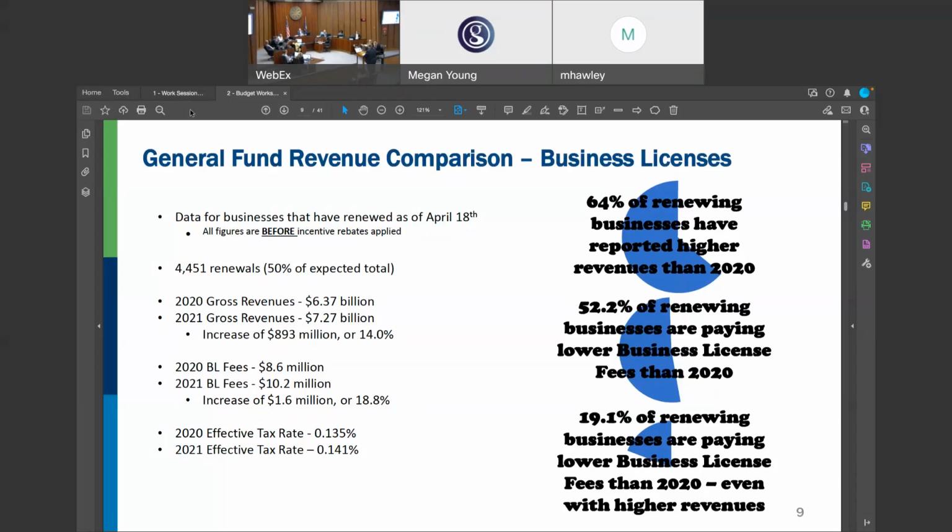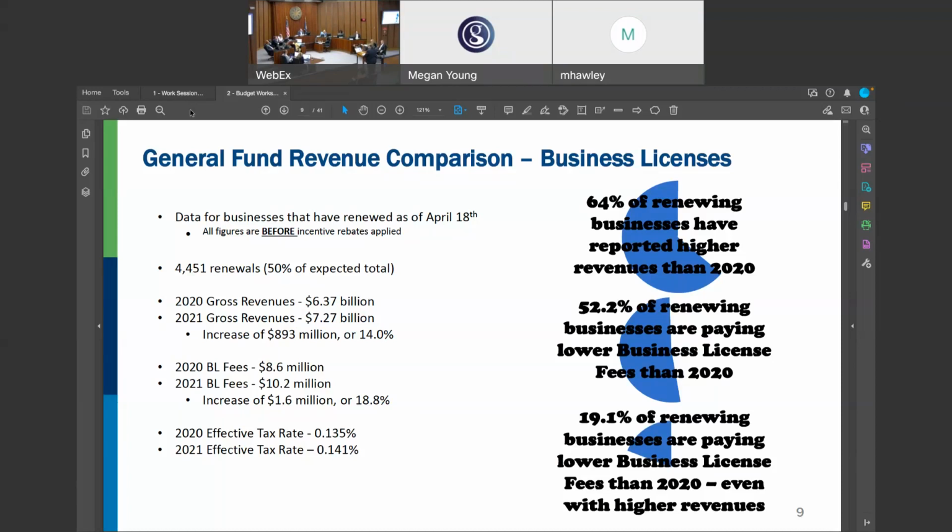And 72% of businesses that have renewed so far have reported higher revenues. We're at about 4,912 renewals. So that's about 55% through. And so businesses have until the end of next week to postmark their business license renewal to be renewed at par before we get into delinquencies.